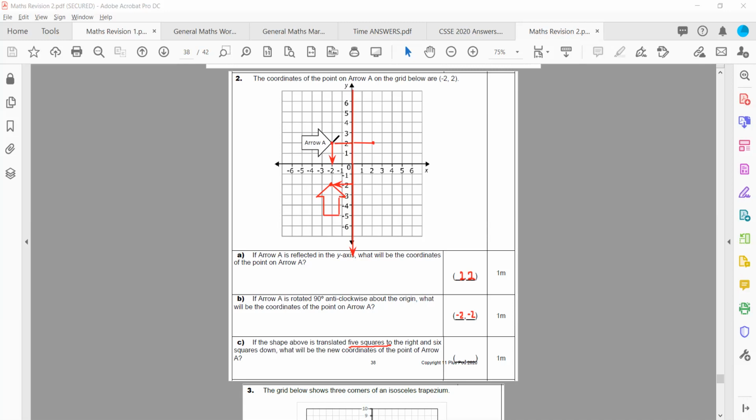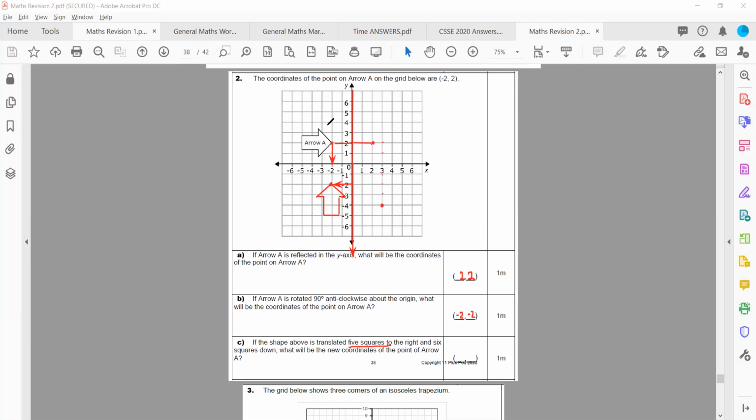So if we take this shape and we go 5 squares to the right, so count 1, 2, 3, 4, 5, 5 squares to the right, 6 squares down, 1, 2, 3, 4, 5, 6. This will be where point A would land there.